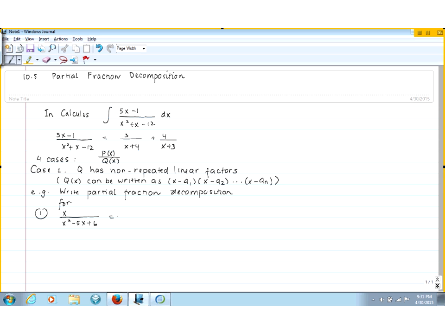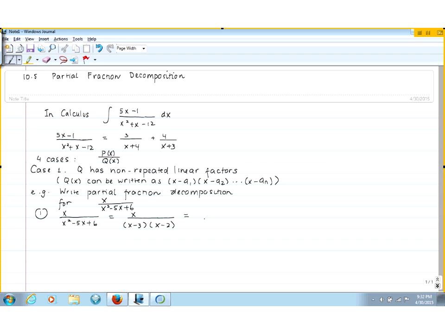So x over x squared minus 5x plus 6. What we do first is factor x squared minus 5x plus 6. So this is x over x minus 3 times x minus 2.